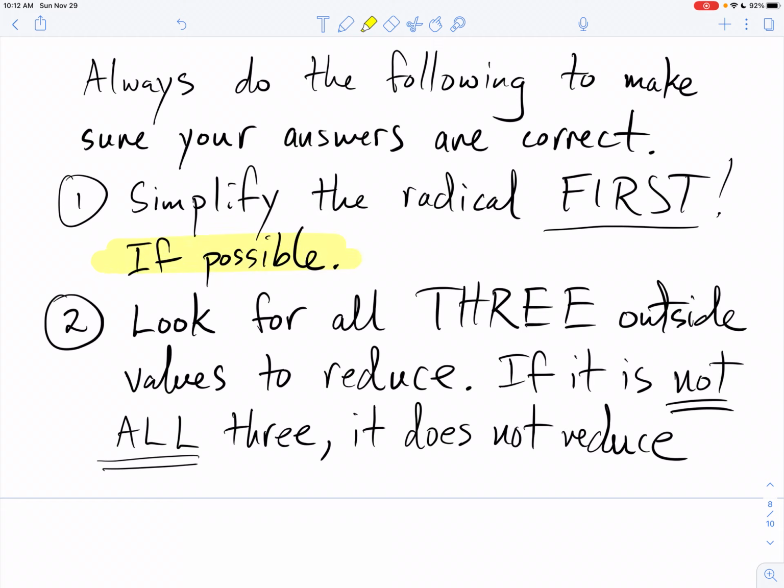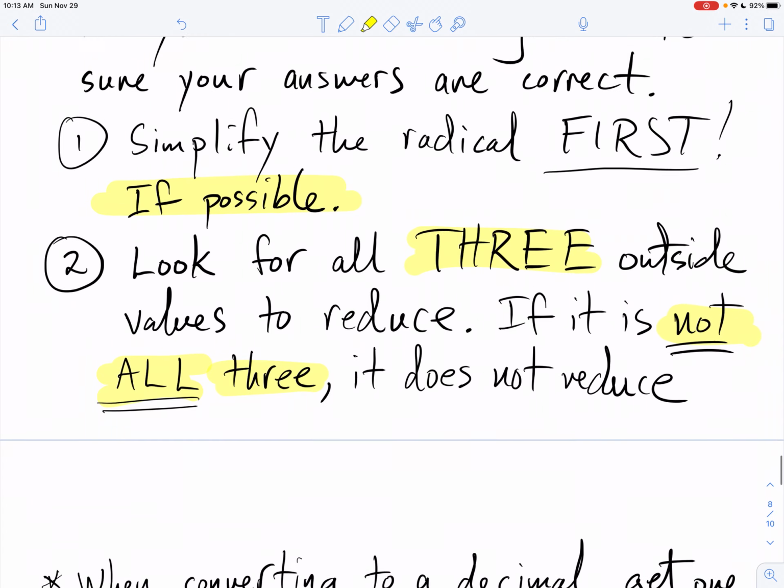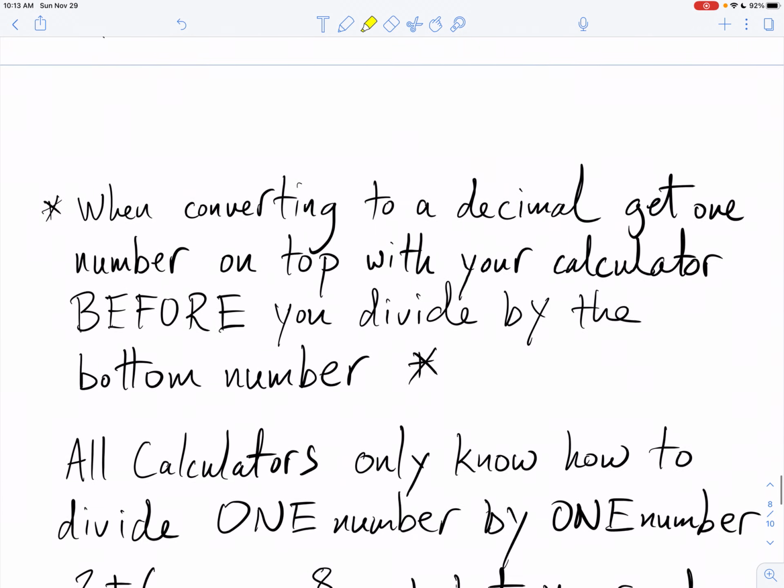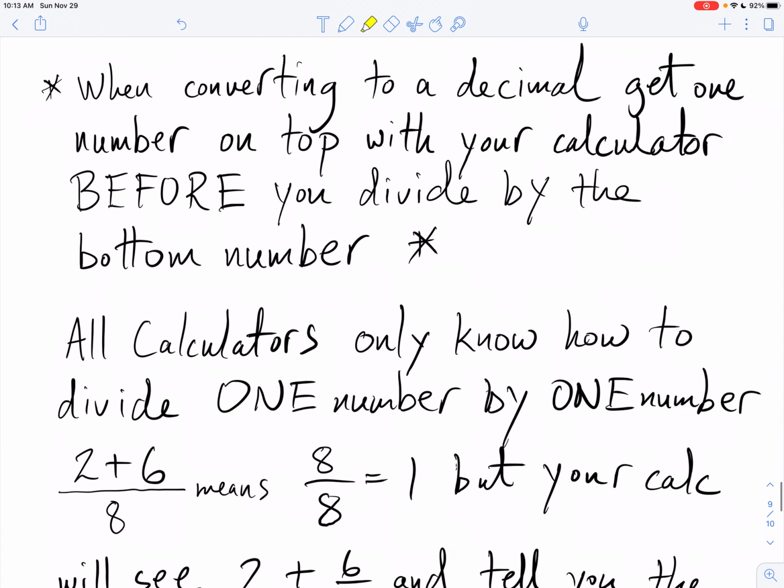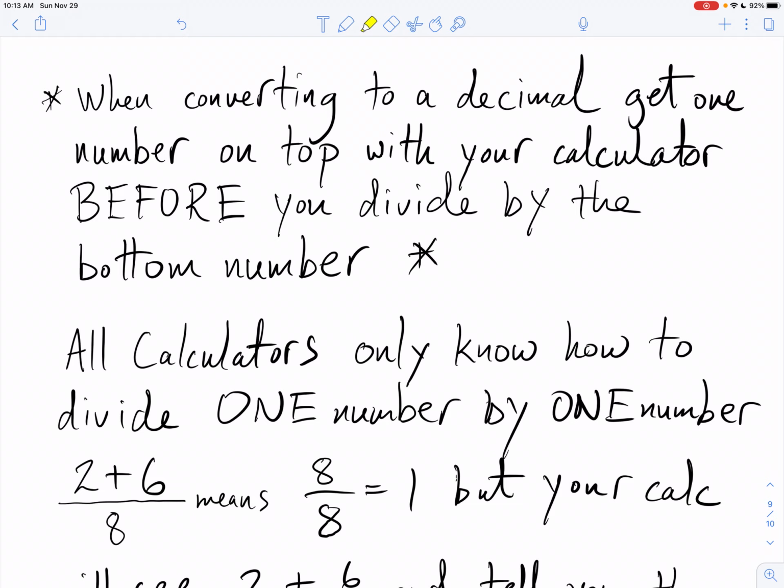If it is not all three, it does not reduce, and leave it alone. That is the story. And when you are using your calculator, when converting to a decimal, get one number on top with your calculator before you divide by the bottom number.